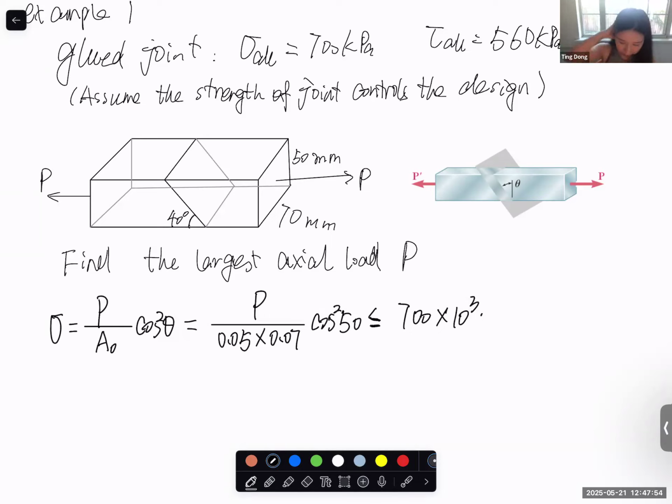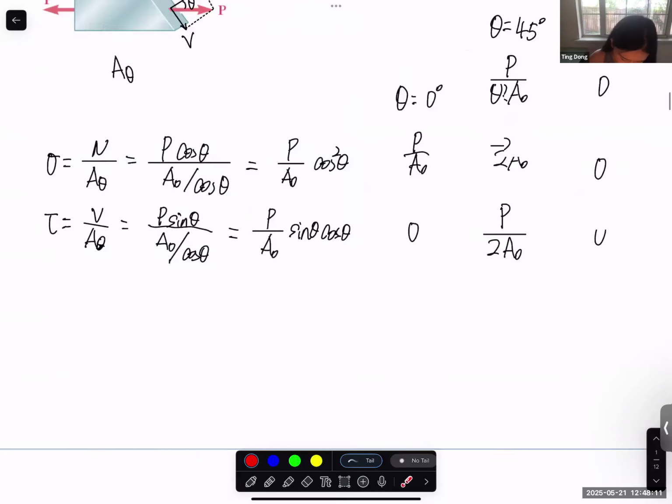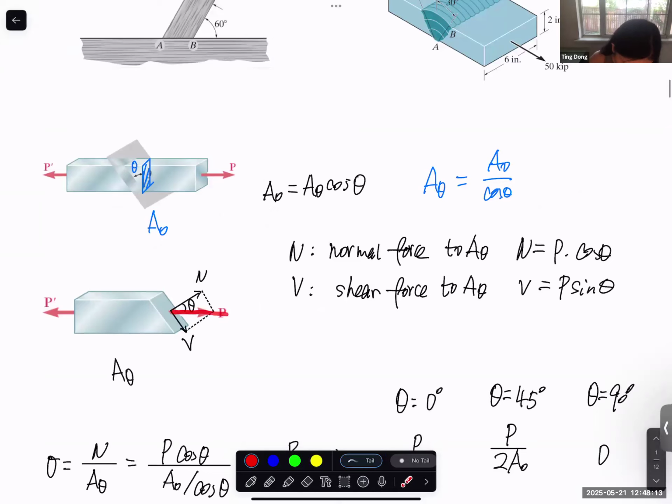Where is the 50 degrees from? Why the 50 degrees? That's why in the conceptual part, I keep explaining why we need to be careful about the definition of theta. In our derivation, theta is the angle between the x direction and the plane direction. So it's this theta, and of course, this theta is also equal to this theta, right?